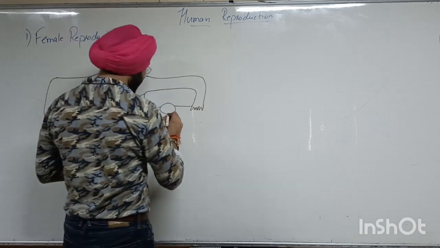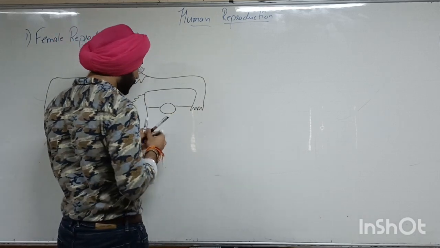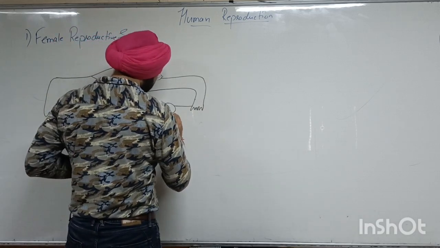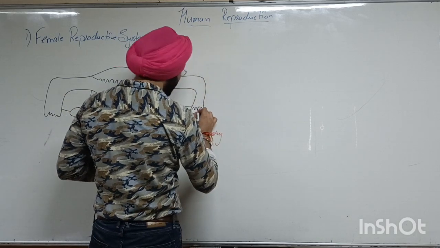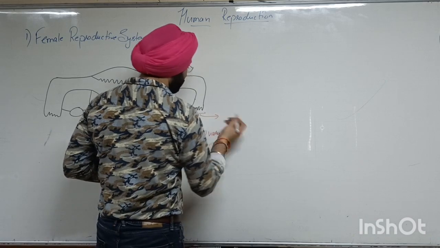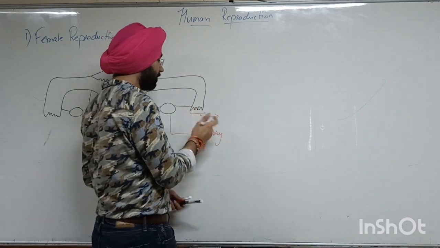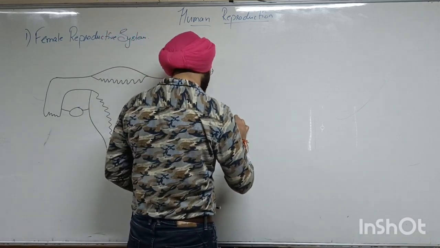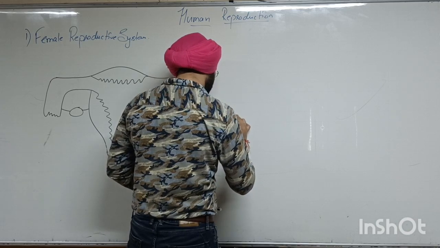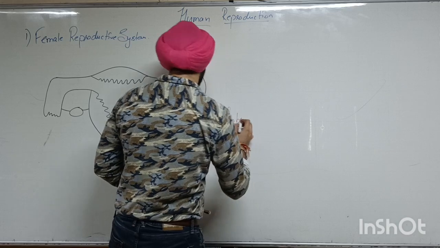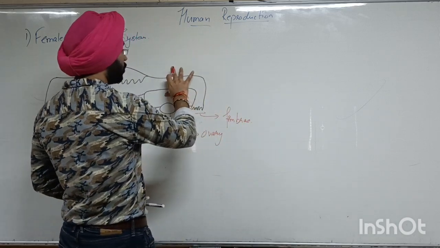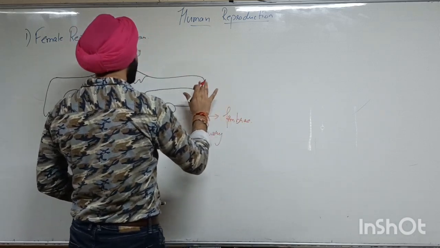We are going to label this part with the red color. This part is the ovary. This finger-like projection is known as fimbriae. This part is known as the fallopian tube, and there are several parts.